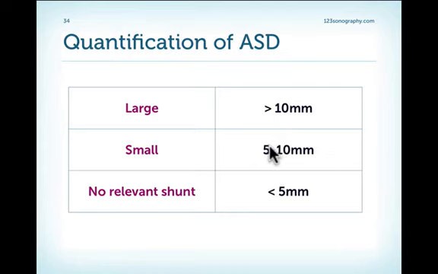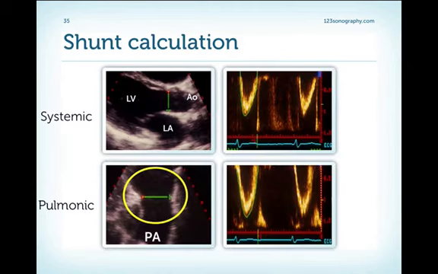Patients with an ASD between 5 and 10 millimeters have a rather small defect, which, if there's no other abnormality, leads to a rather insignificant small shunt, and with defects less than 5 millimeters, we'll normally measure no clear shunt, and we'll have no enlargement of the right ventricle.